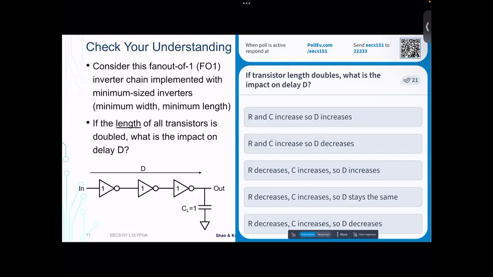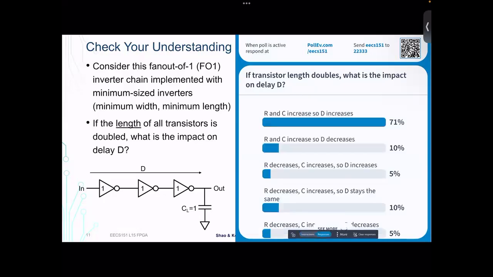And so if R and C increase, we know that delay, we have detailed equations, but we know that both of those are going to make delay worse, right? They're going to make delay slower. And so most folks correctly stated that increasing length will increase delay.